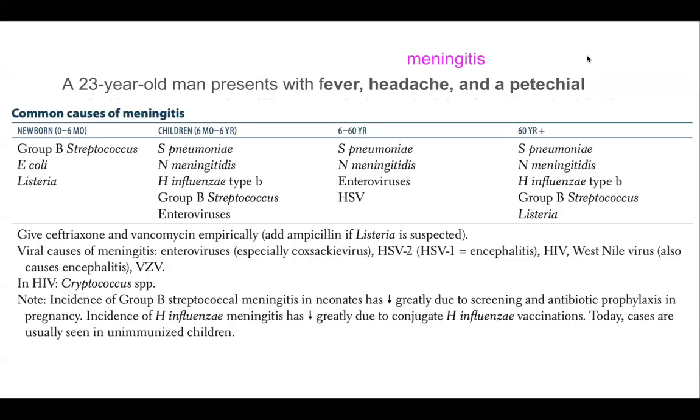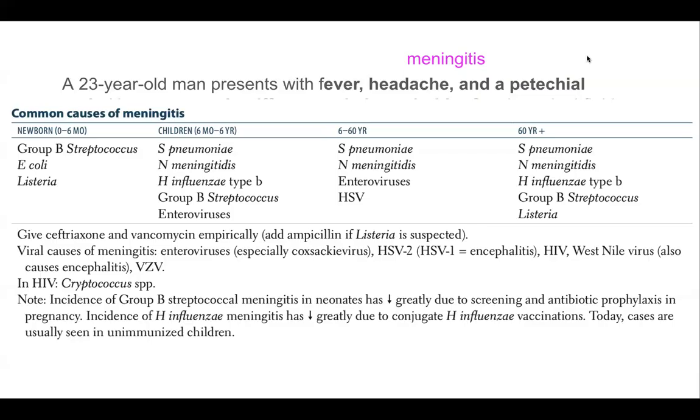And Neisseria in particular, often you'll see a question stem with a younger patient, maybe lives in a dorm, maybe in the military, close living quarters. That makes you worry about Neisseria because it can spread in close contact. We have a 23-year-old, so I'm already thinking that Neisseria might be our answer.